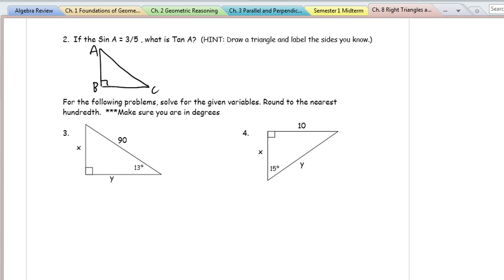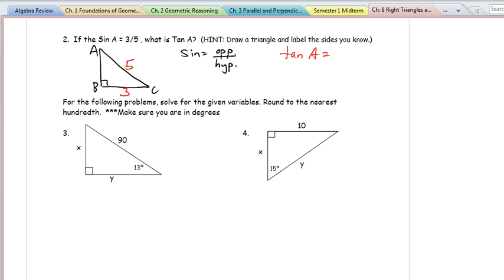So sine A is opposite over hypotenuse, if you look back up. So if the sine of A is 3/5, then we're going to say, okay, opposite is 3 and hypotenuse is 5. What is the tangent of A?